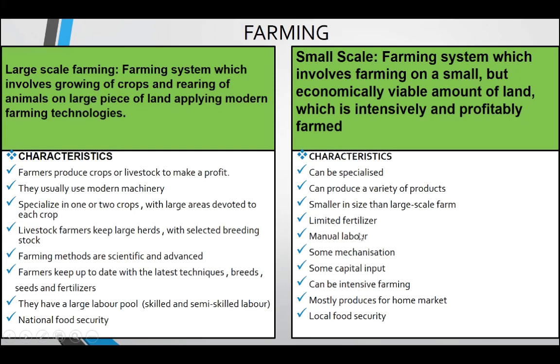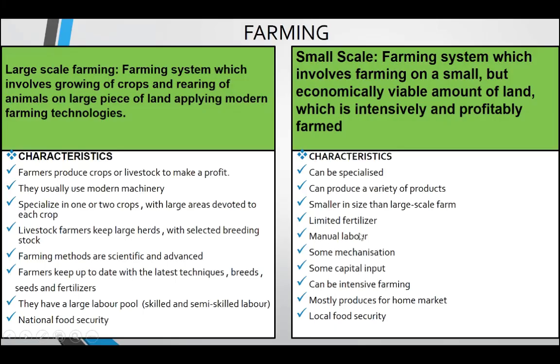Now people are no longer producing to eat at home. They are now producing for selling, so it's cash crops. High production costs: if the production costs are high, people will be discouraged from farming. There is foreign competition.